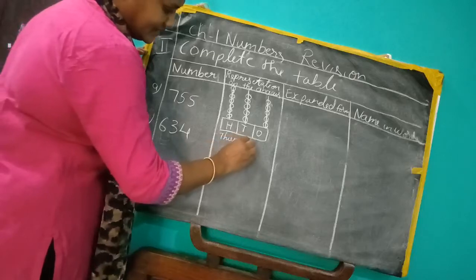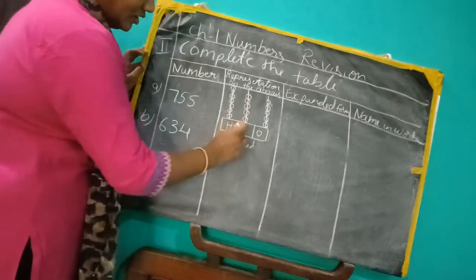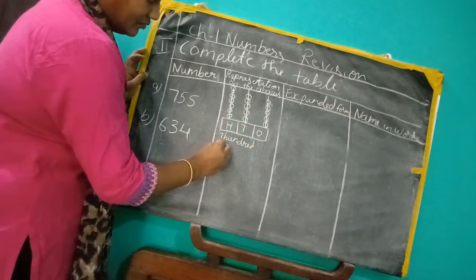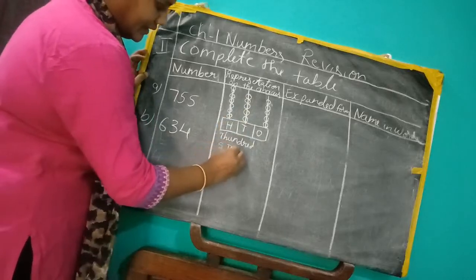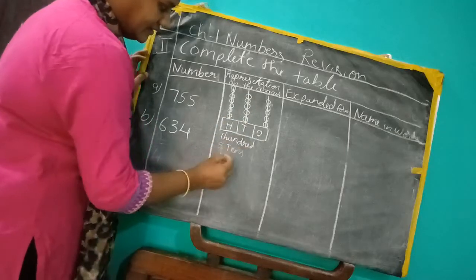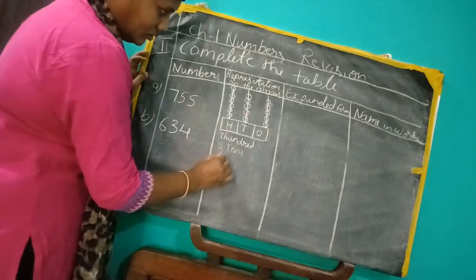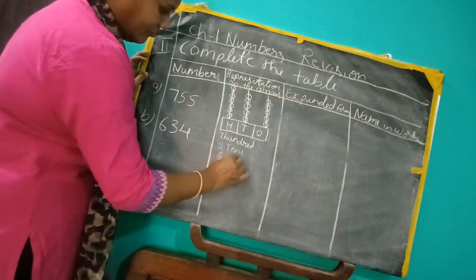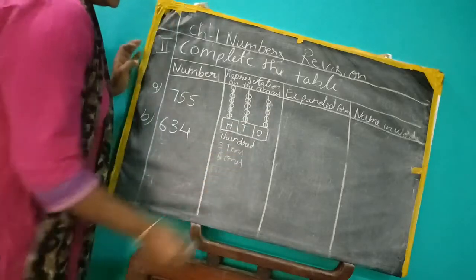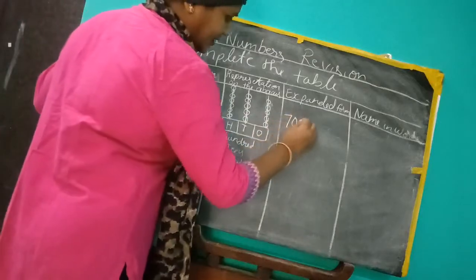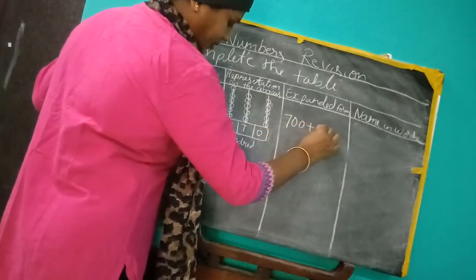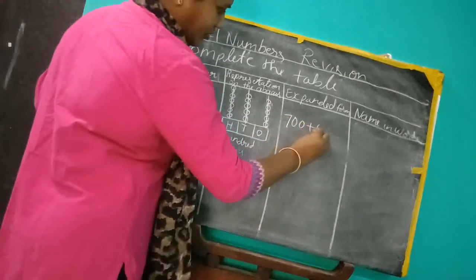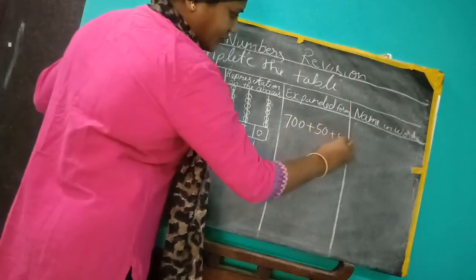Yes. See, 7 hundreds. Here, how many tens? 5 tens. Yes. Here, how many ones? 5 ones. Yes or no? See, 700 plus 5 tens means 50, plus 5.